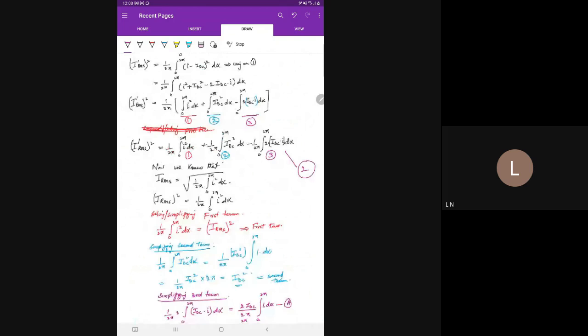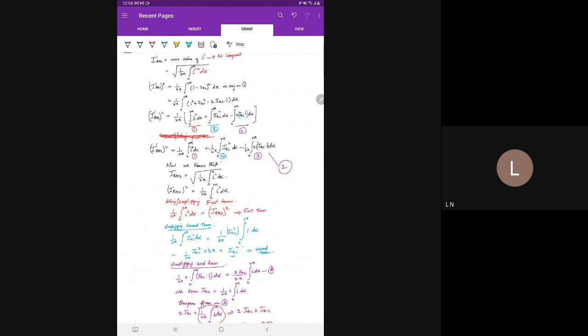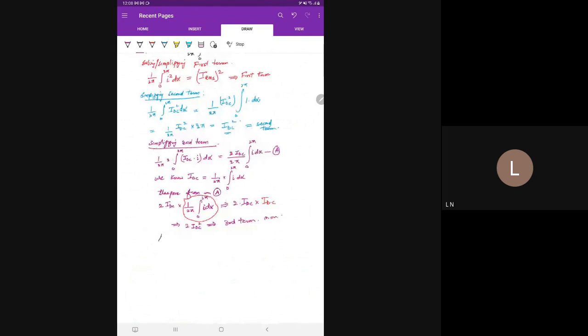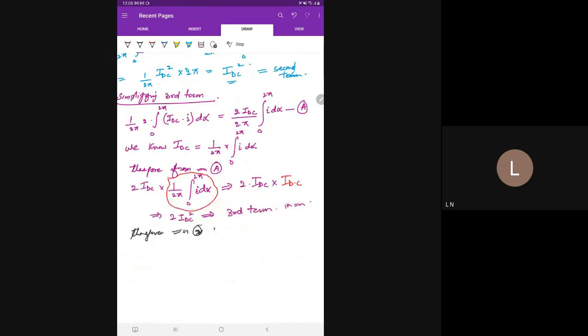Now equation 2 can be rearranged. So we can write down now, equation 2 can be written as I dash RMS whole square is equal to I RMS square plus IDC square minus twice IDC whole square.